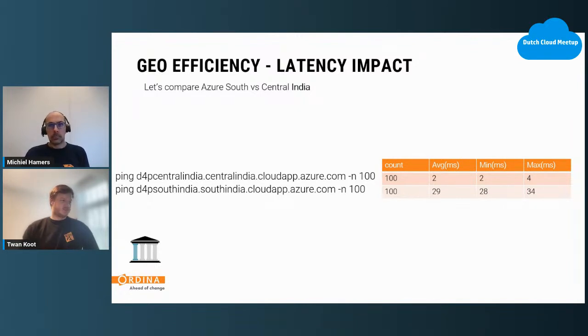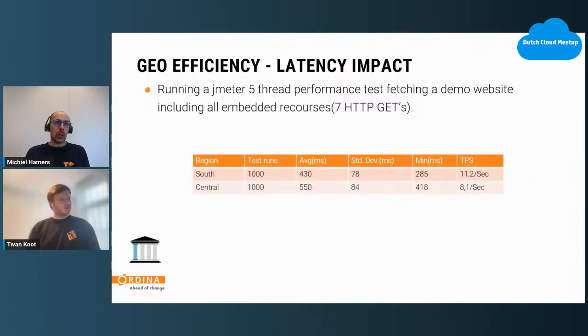Especially in the United States, you can have people from Los Angeles all the way to New York. So having a bit of latency is normal. Again, this is the impact if you switch data centers.